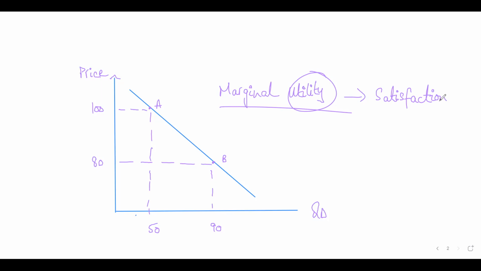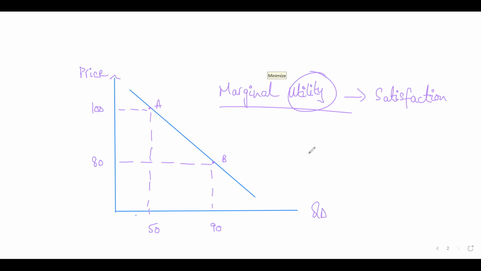The pizza comes in, you're excited, you eat the first slice, you love it, right? But for the second slice, you will not have that much craving. Obviously you will, but not as much as the first one. After eating the second one, the third one will give you a little less satisfaction. That is when you realize, perhaps I should stop after the third or fourth, right? You don't go on consuming unlimited quantities of anything. The more you consume, the less satisfaction you get.